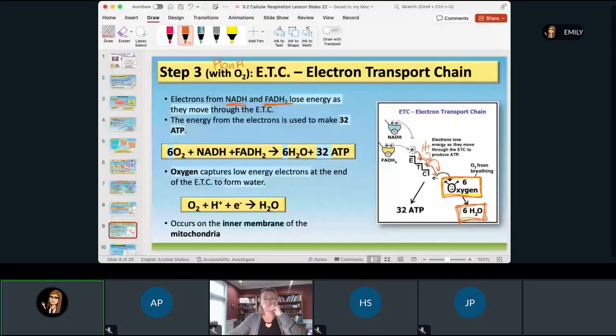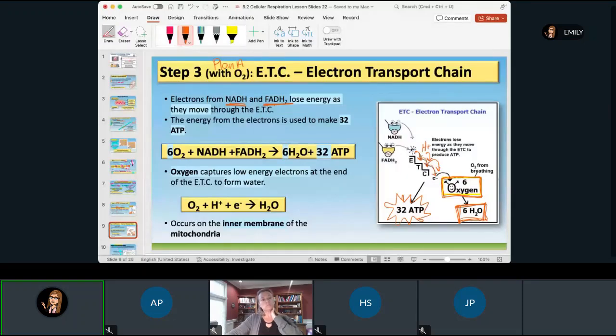Okay? And when they're building those bonds, the energy from those electrons making that bond produces 32 ATP. 32. So our first 2 steps, glycolysis and the Krebs cycle, each only produced 2 ATPs. The electron transport chain is like, sit back and relax.